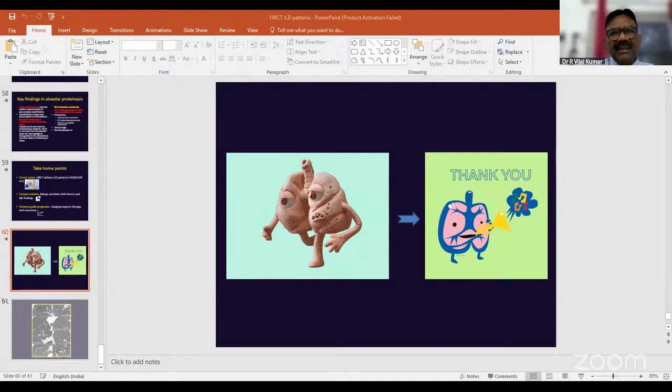Like Dr. Vijayanand mentioned, the low dose CT scan, I would like to use it for my patients who are smokers, more than 30 to 40 pack years, where I am suspecting a lung cancer, and I want to see whether they have lung cancer.